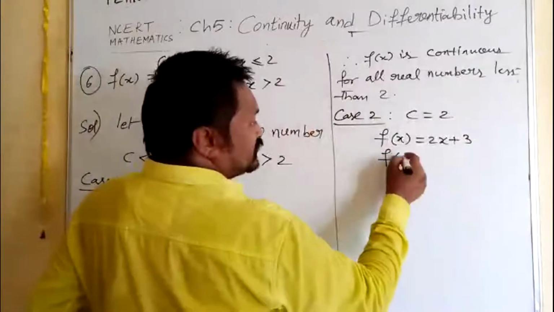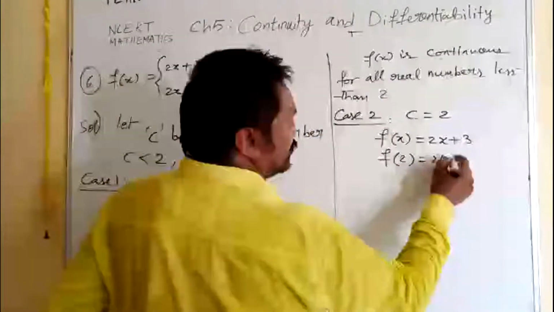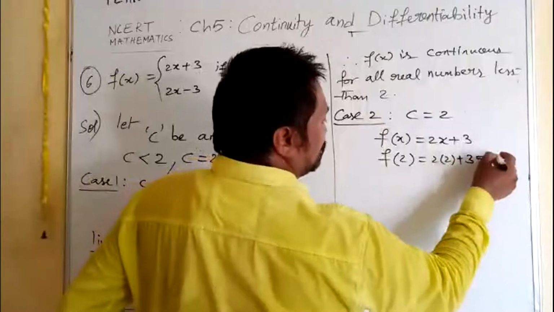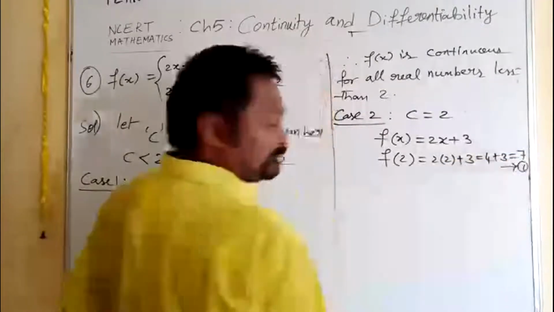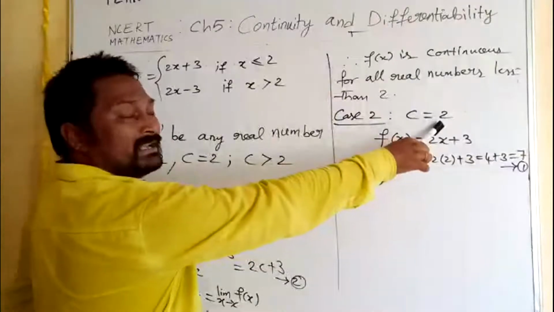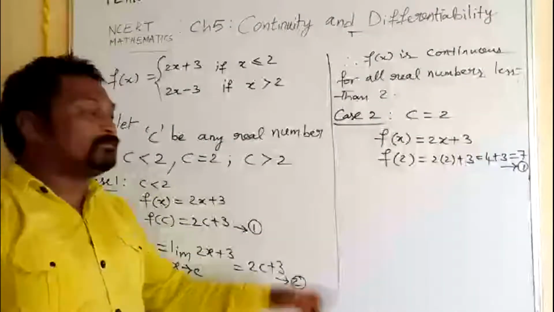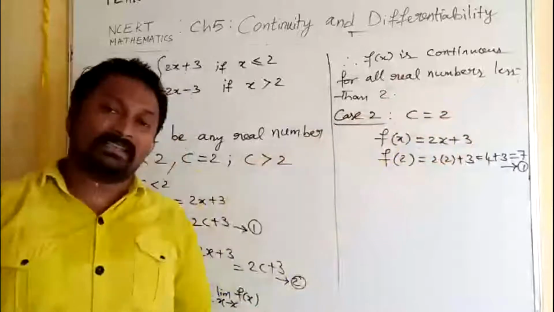Then f of 2 is equal to 2 into 2 plus 3, that is 4 plus 3, that is 7. Equation number 1. Like this, if any number is given, you have to find for 2 minus and 2 plus also.